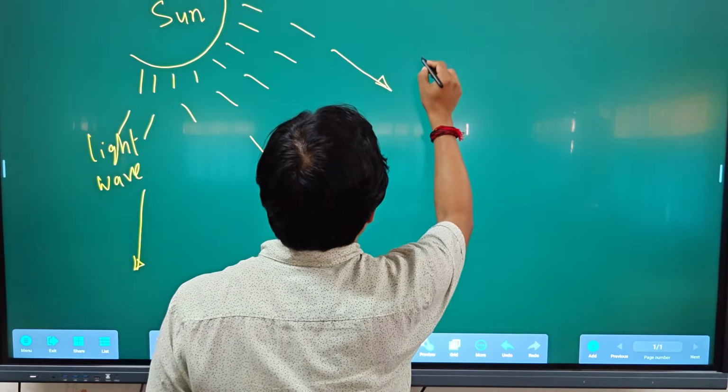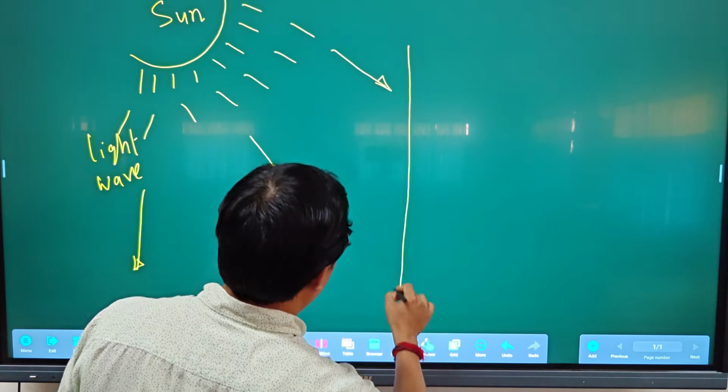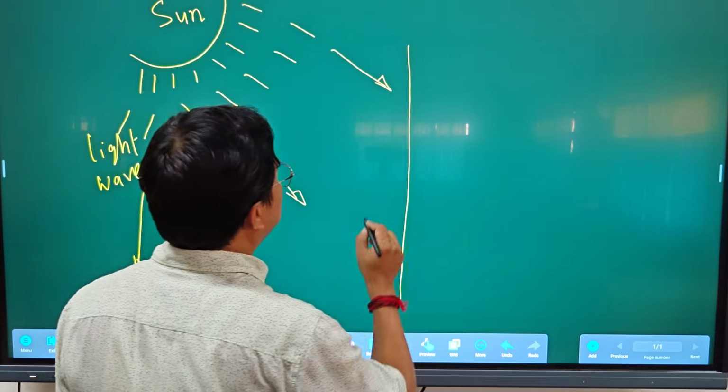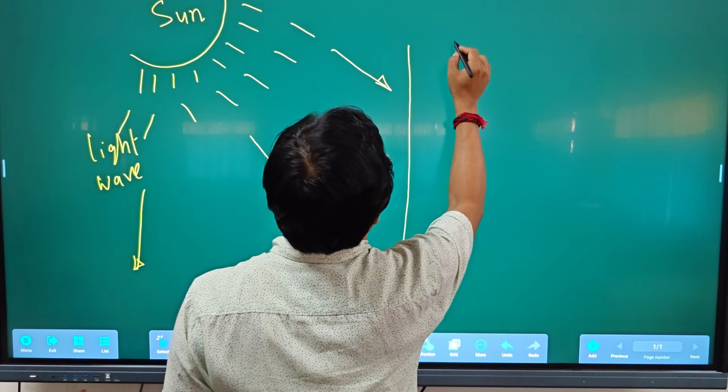So in this sunlight we have different spectrum.